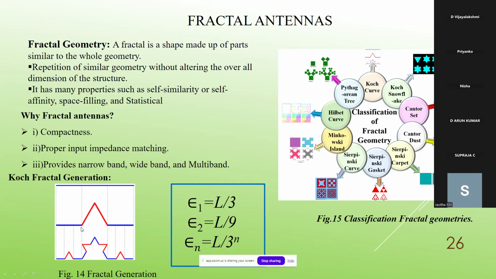For a Koch fractal, it is very simple. Consider one straight line of length L. This is the zeroth iteration, no iteration.